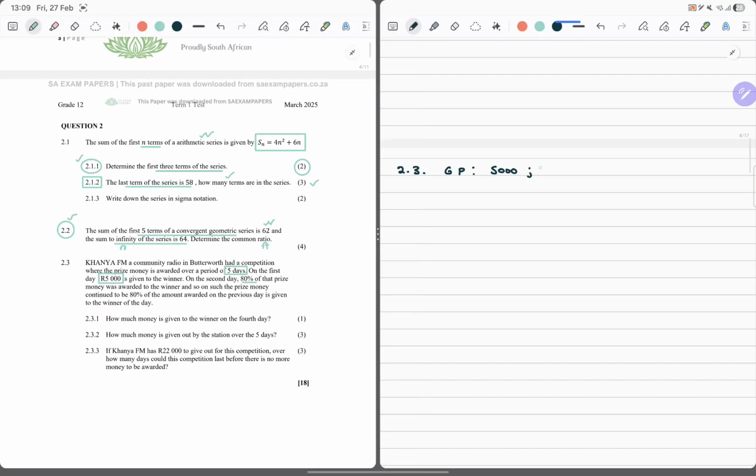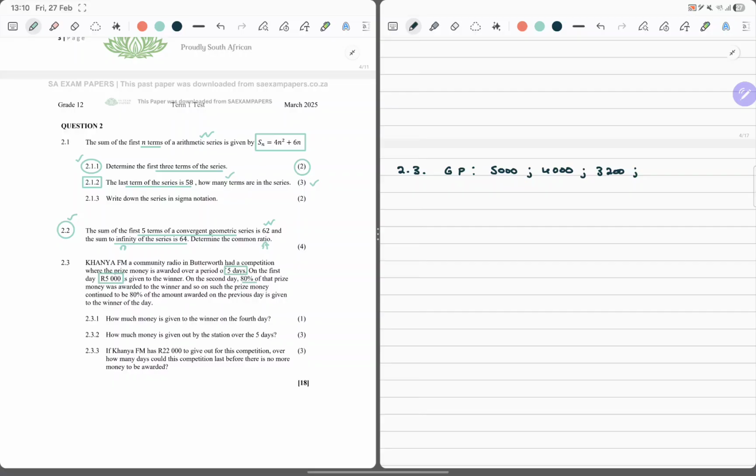Yes. So this is 4,000 there. Then 80% of 4,000 is 3,200. This is 3,200, multiplied by 80%. We had 5 terms here, so we've got 3 now.